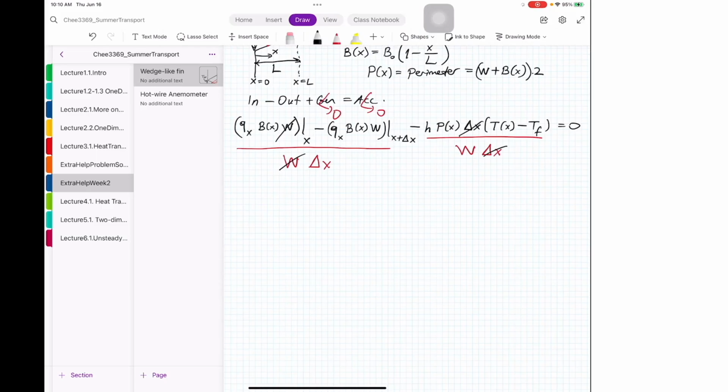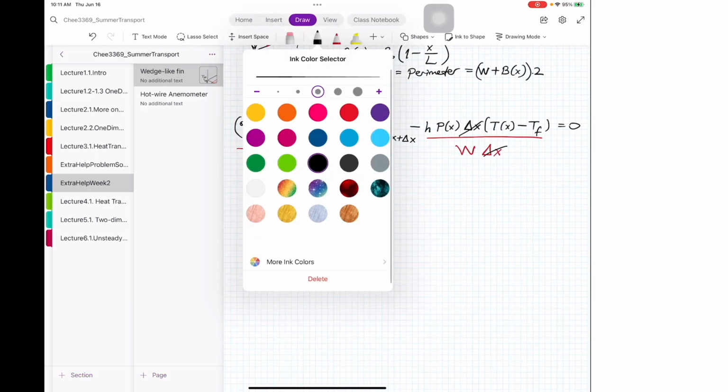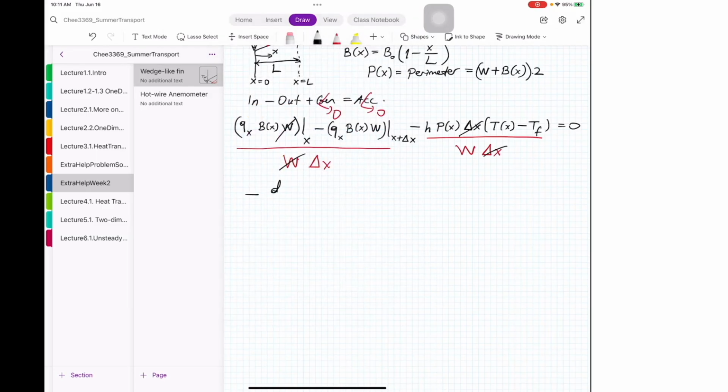Delta x cancels here, and this term on the left is the negative of the derivative with respect to x of whatever is inside. d of qx b of x over dx is equal to h times, instead of p of x, 2 times W plus b of x, divided by W, T of x minus T of f.